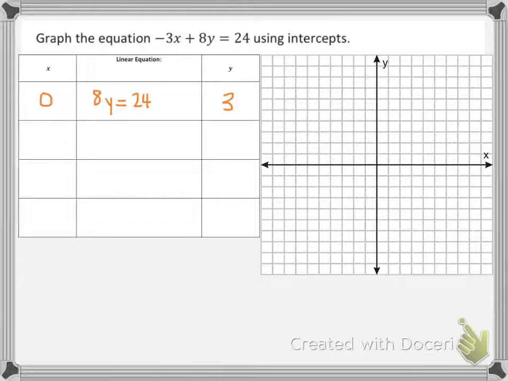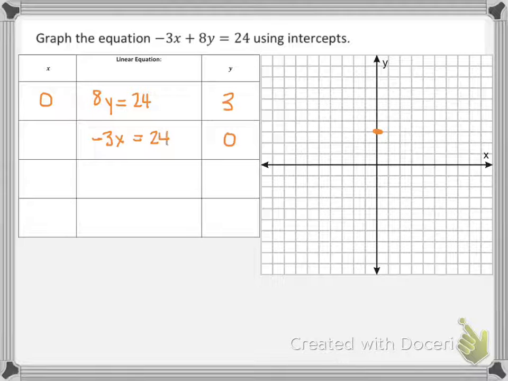So that's my y-intercept. X is 0, I don't go left or right, but I do go up 3. So there is the y-intercept. And then to find the x-intercept, we just make y 0. So if y is 0, then we get negative 3x equals 24.